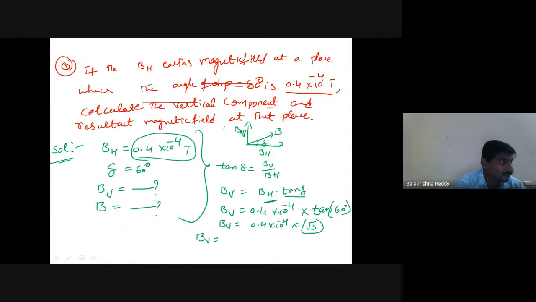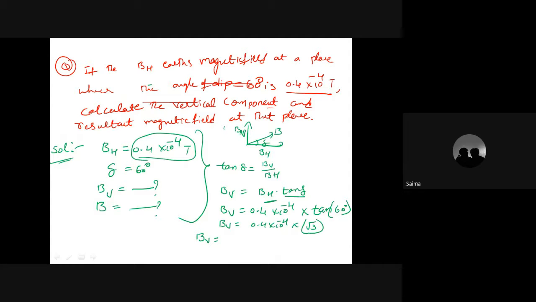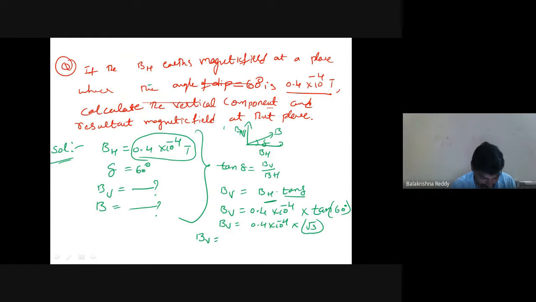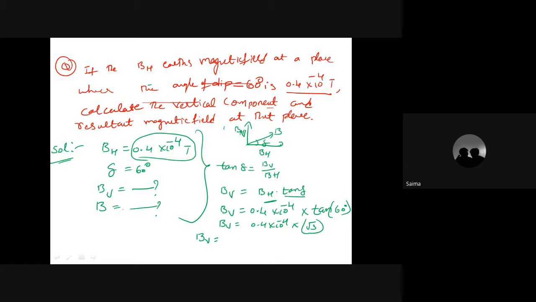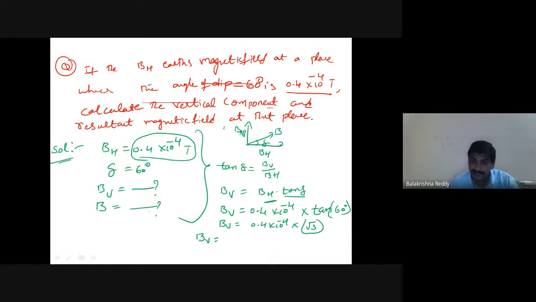Root 2 is 1.414, and root 3 is around 1.7. Use the calculator and check. So 1.7 into 0.4 gives 0.692.